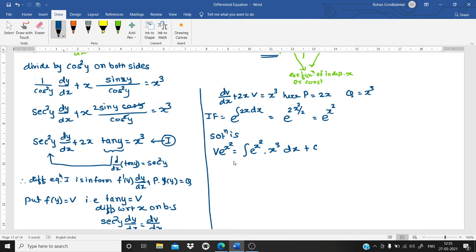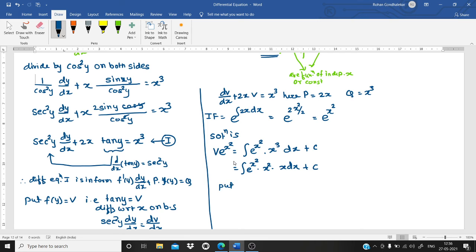How will you integrate it? It's very easy to evaluate. E raised to x square, the x cube can be written as x square into x dx plus c. I'm purposefully writing this because integration of e raised to x square cannot be derived in the simplest way.